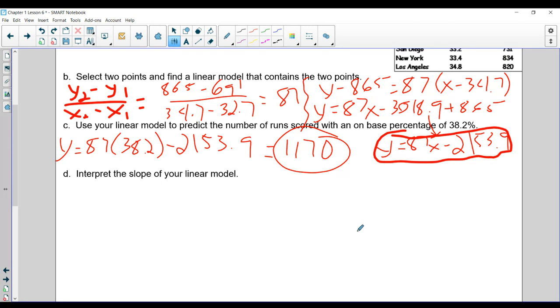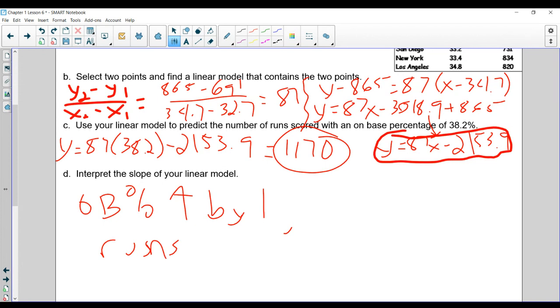So with it being 87 over 1, essentially every time the on-base percentage would increase by 1, the runs scored will increase by 87.